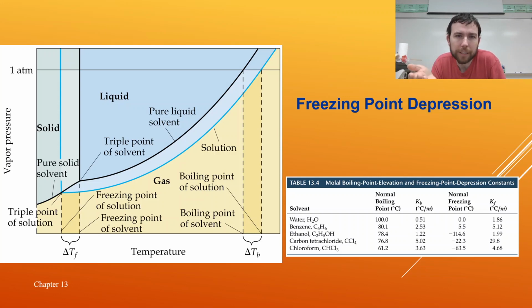So antifreeze is one of those things. What it does is it lowers the freezing point of the liquids that are moving throughout the car engine so that it can go to lower temperatures before it freezes. Likewise, boiling point elevation is going to make it so that a liquid is going to boil at a much hotter temperature.